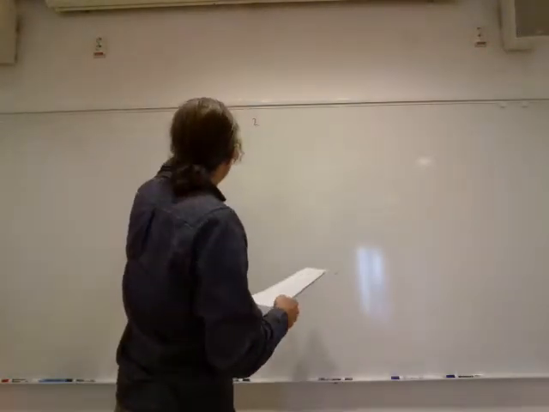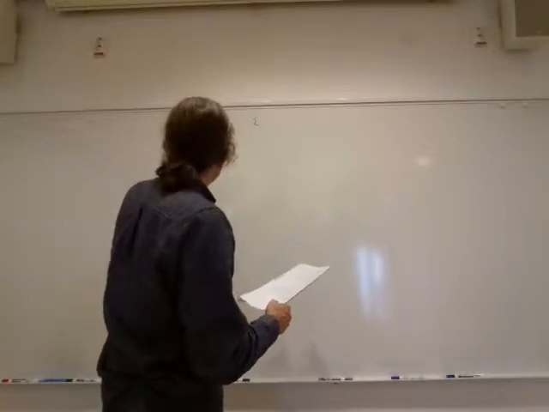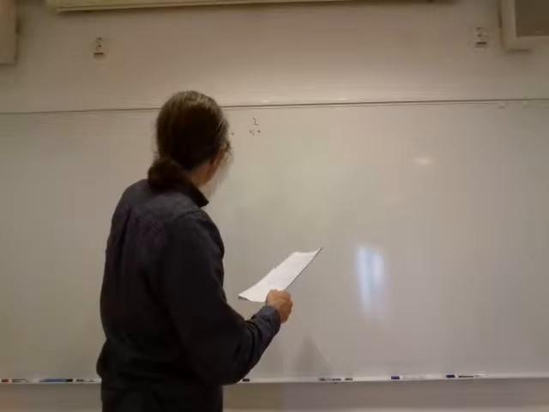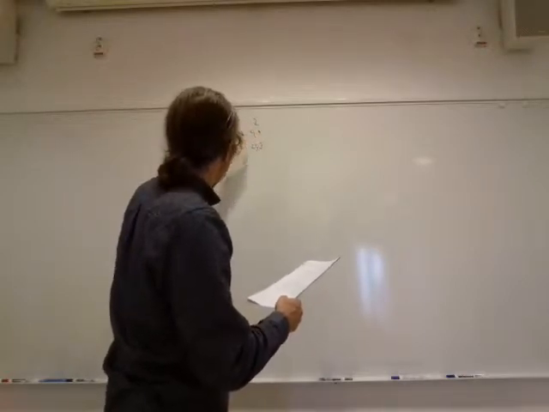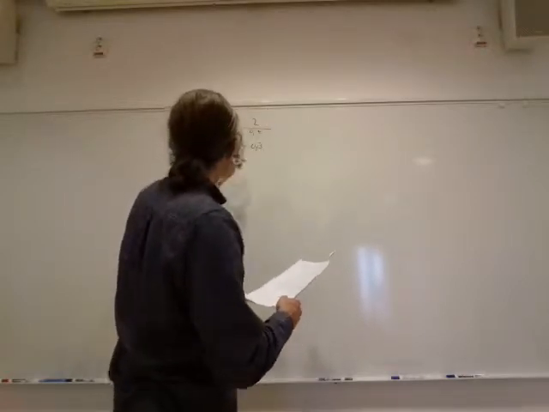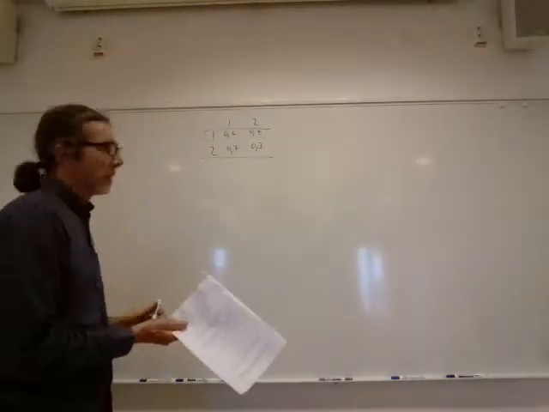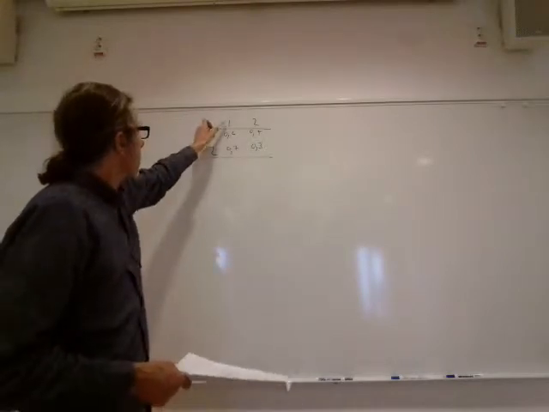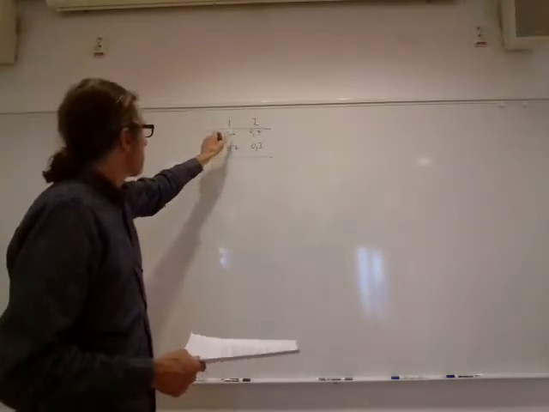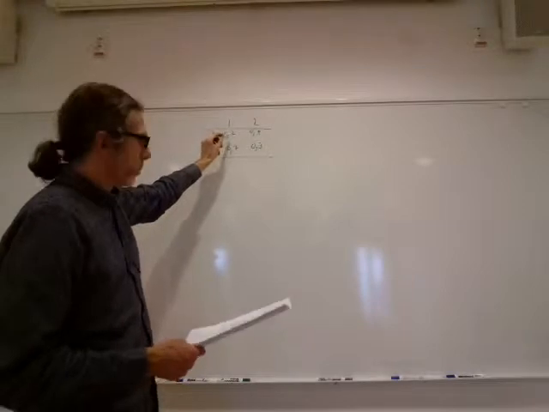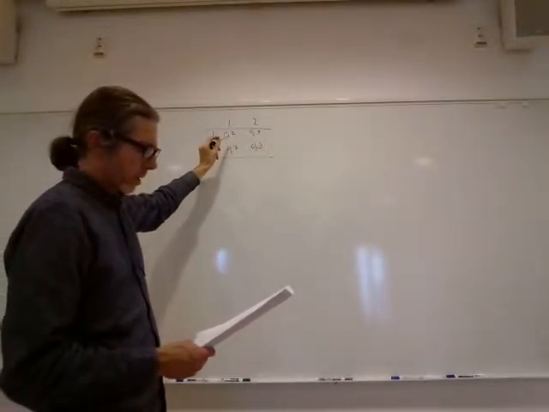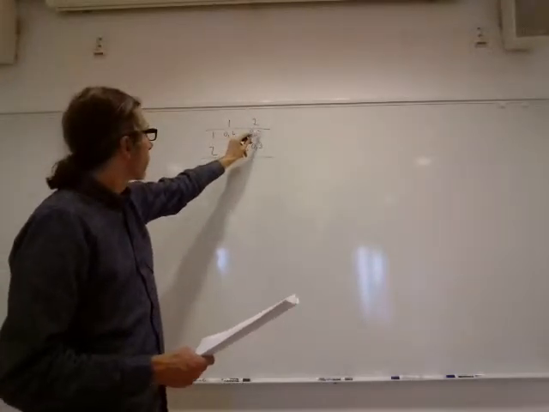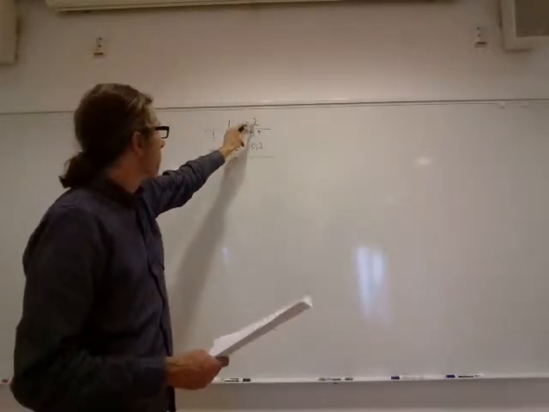1, 2, 1, 2, 0.6, 0.4, 0.7, 0.3. Okay, so what's going on here? Country 1's abatement affects itself to 60%, but 40% of country 1's abatement affects country 2.